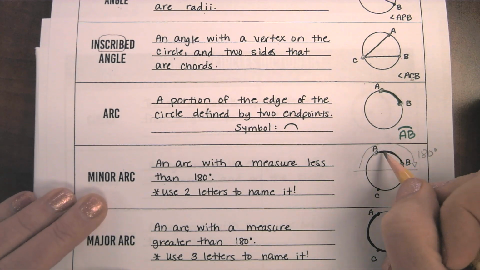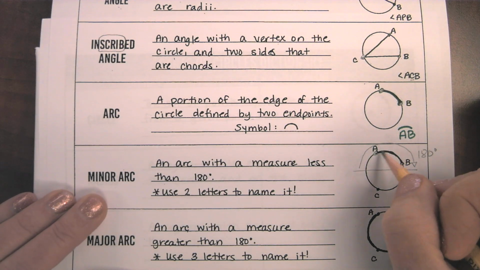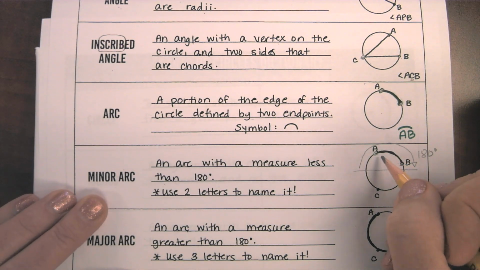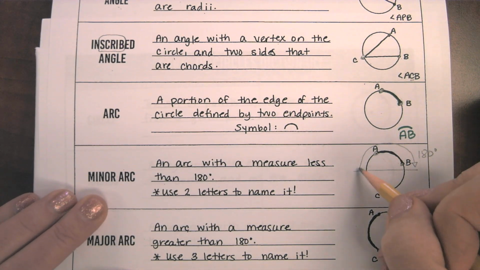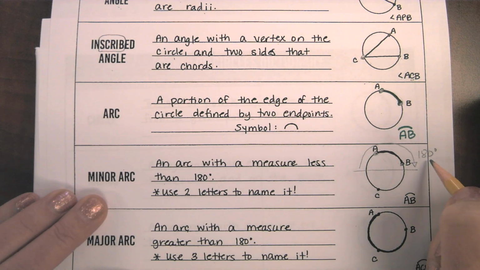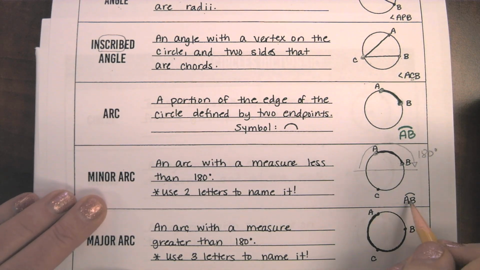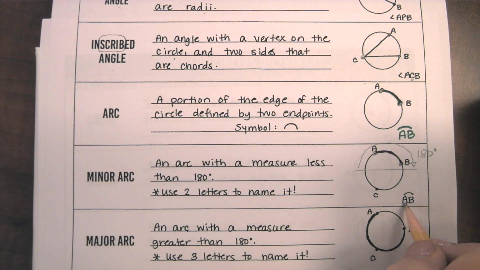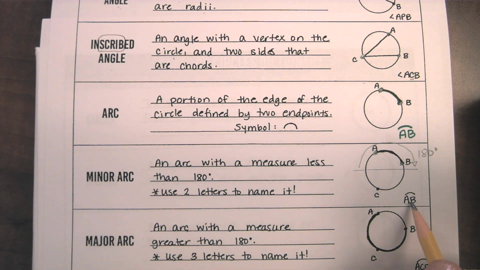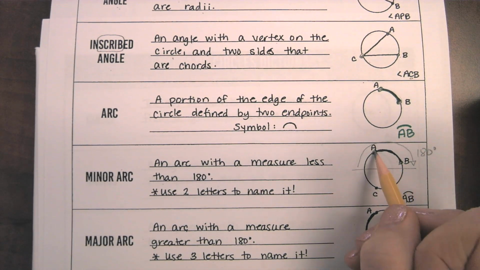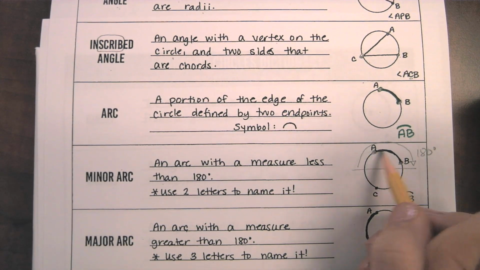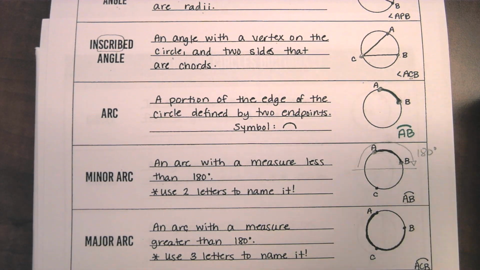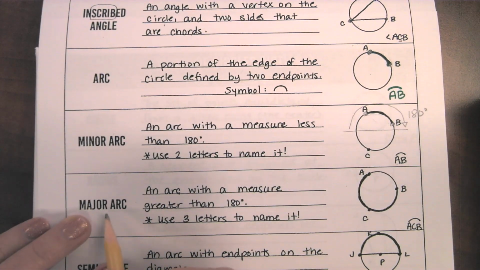So it is a minor arc. Minor meaning smaller than, right? Think about you're a minor. You're under the age of 18. This is under the 180 degrees. And we mark that as arc AB. We also only use two letters to name it because really we don't need any more. It's kind of small. Now major arcs are larger.